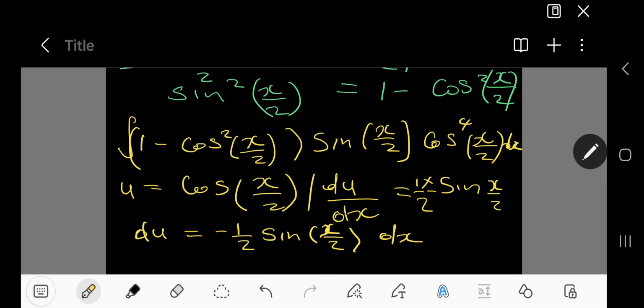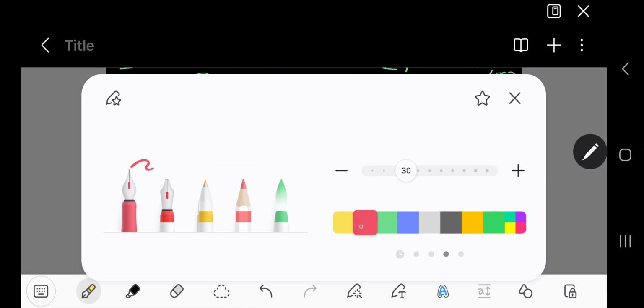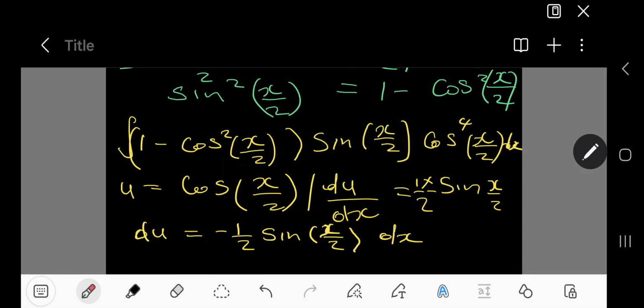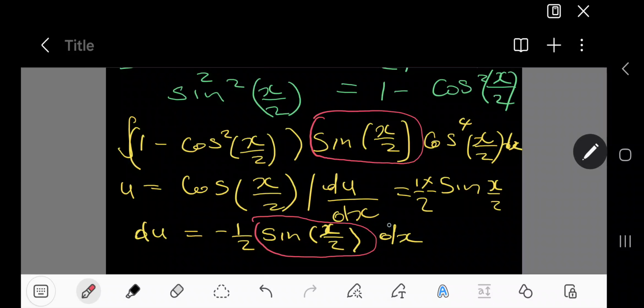Now check back to our original equation. Let's change the color. We have this, which is what we have here. We have dx, which is what we have there, but we don't have 1 over 2.